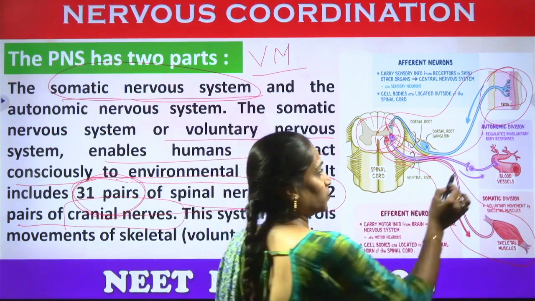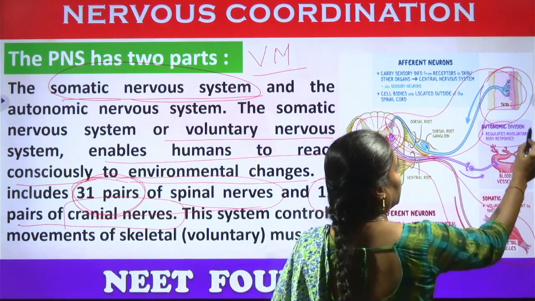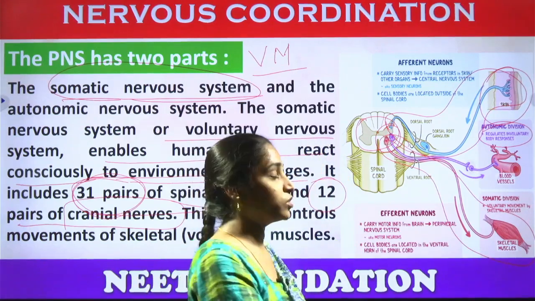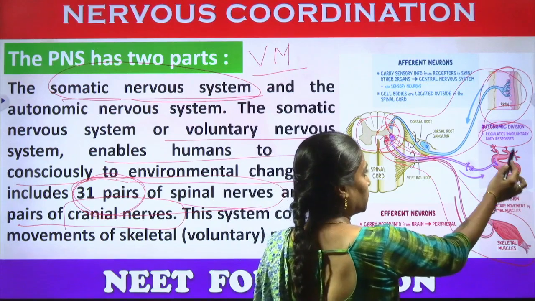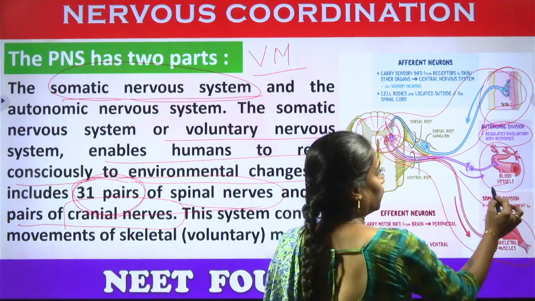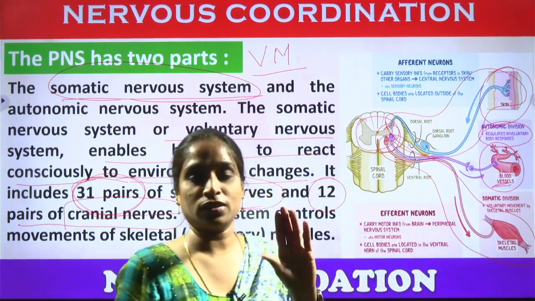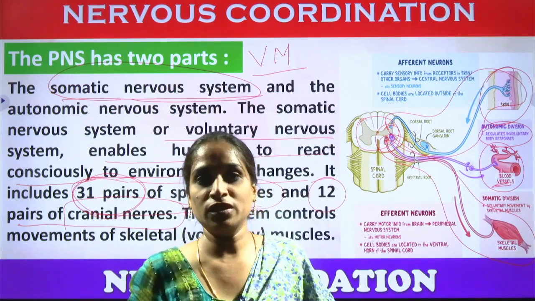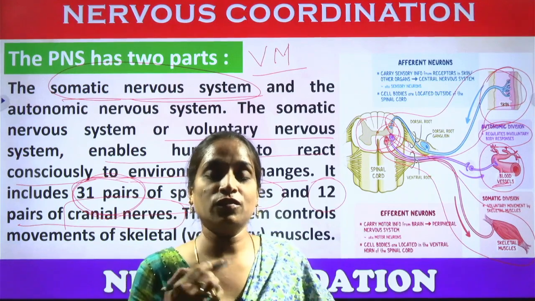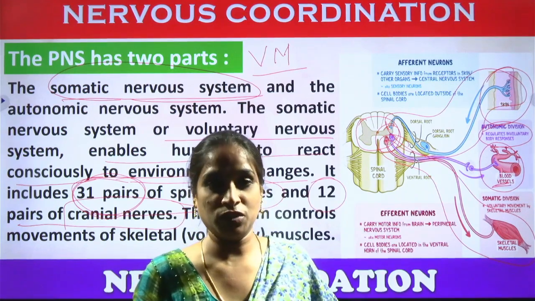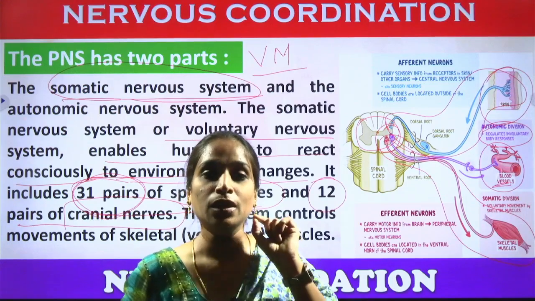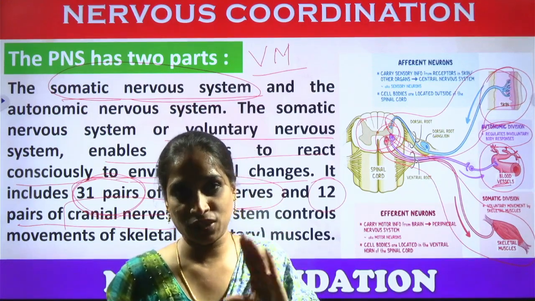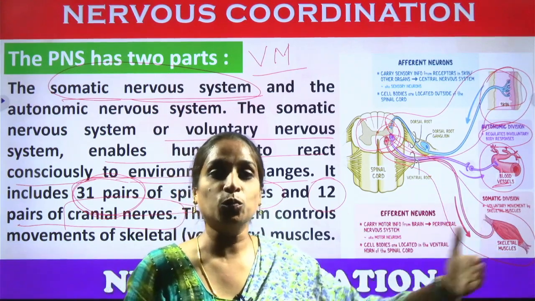So here we can observe the autonomic division, nothing but the autonomic nervous system, which includes the smooth muscles. Here you see the blood vessel. Continuously, until we complete our lifespan, not only human beings but also other organisms with a closed circulatory system have blood vessels with muscular structures that always go for contraction and relaxation to make the blood move.